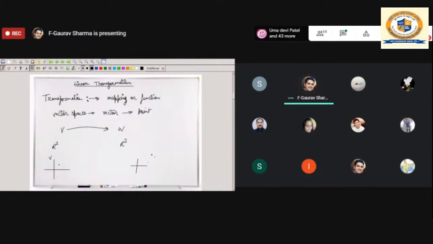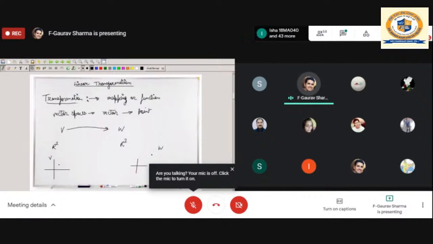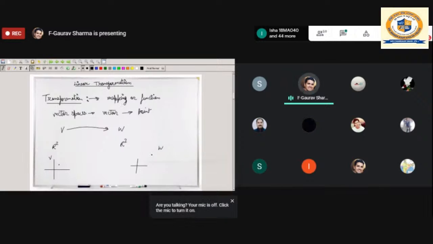Let us suppose it comes here in W. So this point which was here in V is moved to some other point, so it is transformed. Here it is just a movement of points from one vector space to another vector space. That is why we particularly use the word transformation, rather than mapping or function.